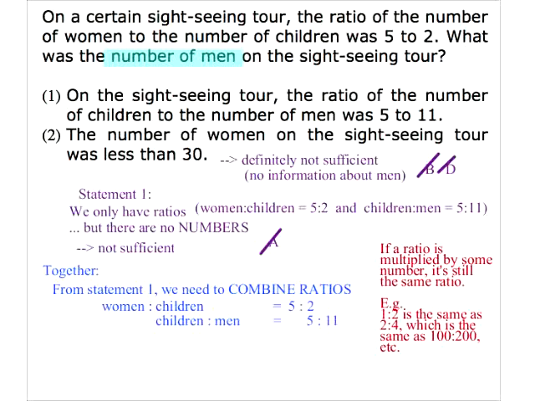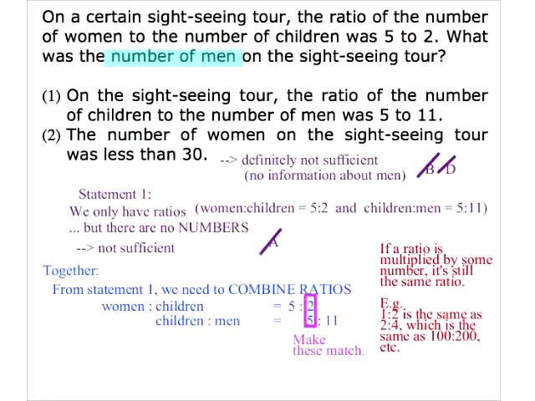So what you can do to combine these ratios is multiply so that this actually matches, because then you can combine it into a single ratio. They don't currently match, so you want to make that happen.